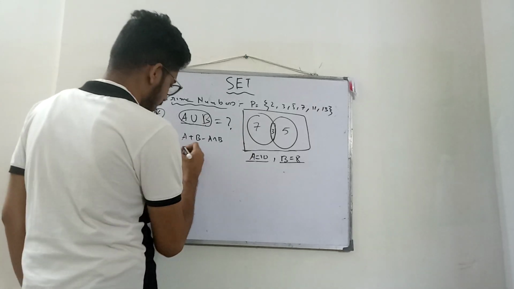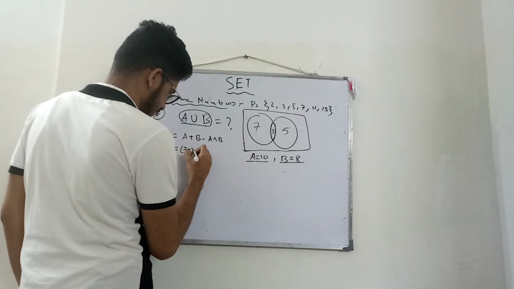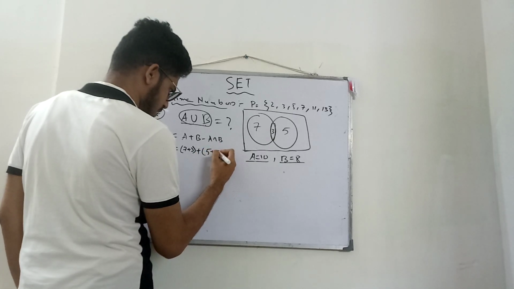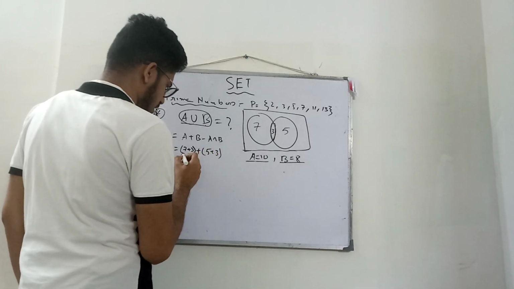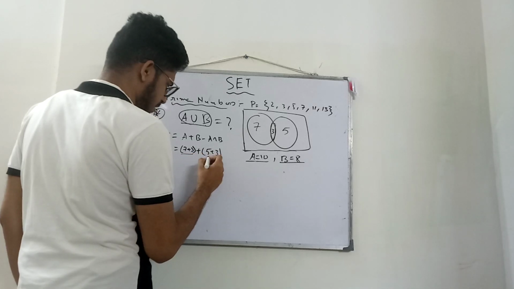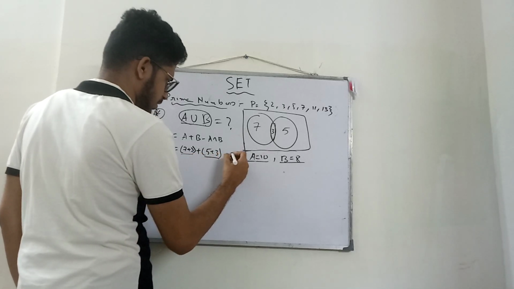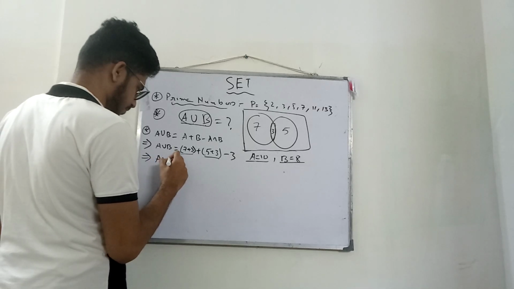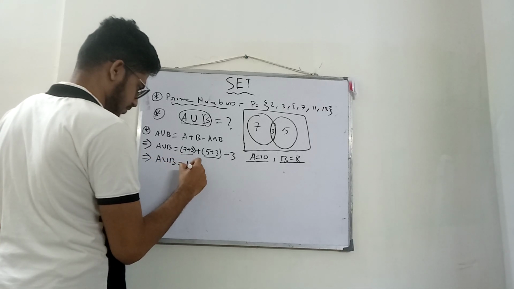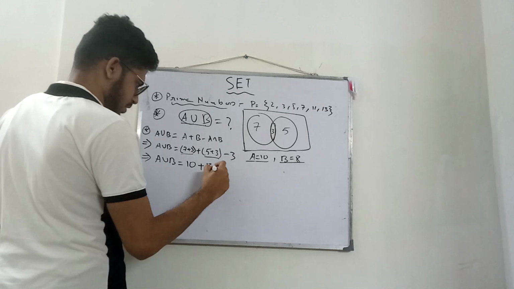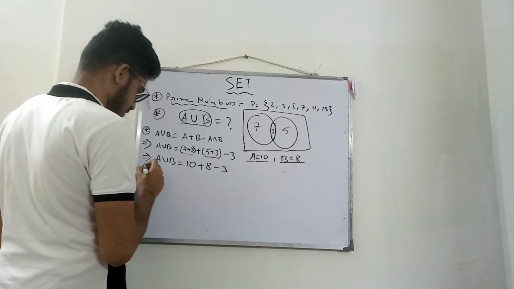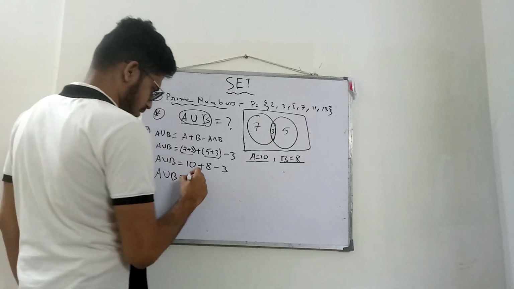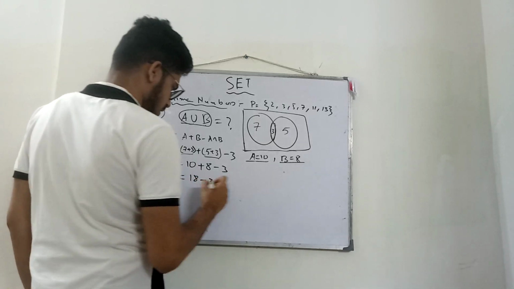Suppose A is equal to 7 plus 3 plus 5 plus 3 minus 3. 18 minus 3 is equal to what?